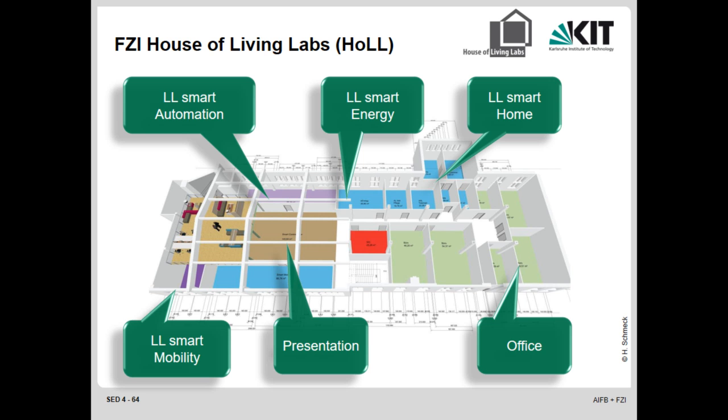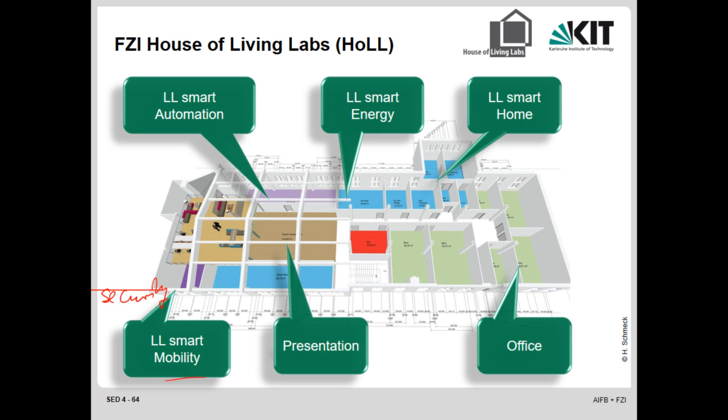We have a smart home again, slightly different from what we have on campus, because here it's in a part, or it's a few rooms in a building, not a container. And it is a combination of ambient assisted living and energy scenario. We have our living lab smart energy. We have a mobility lab, and actually we have there now a security lab, which was added to that.